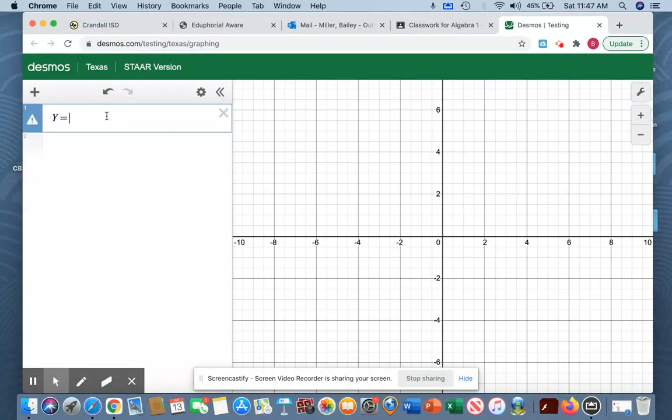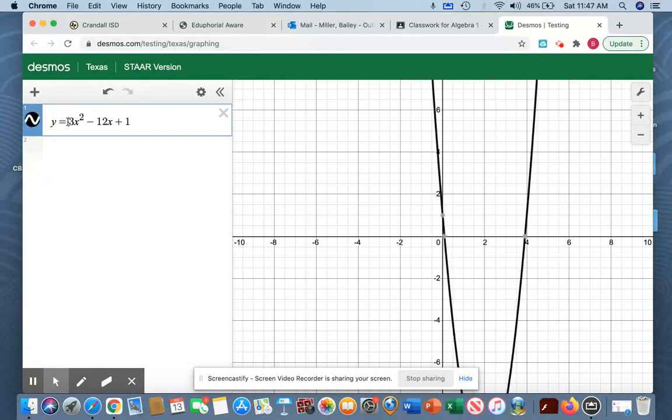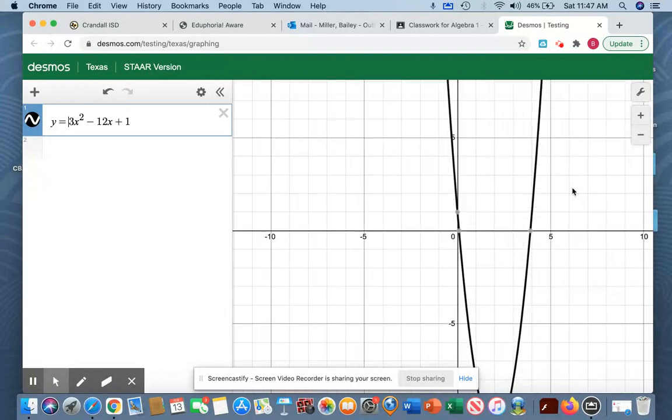So y equals 3x squared minus 12x plus 1 equals. There we go.